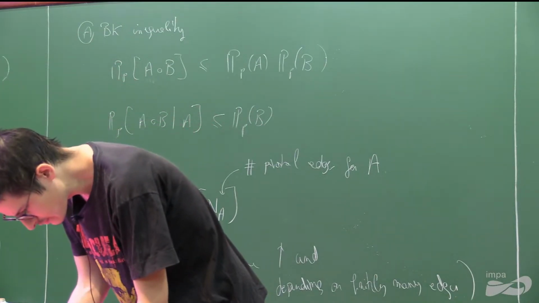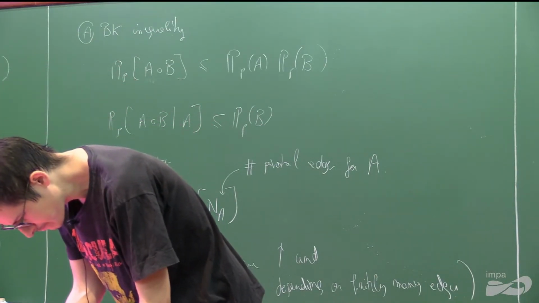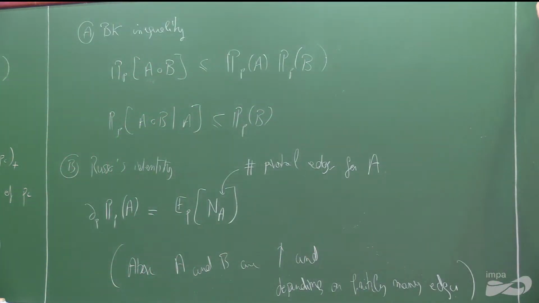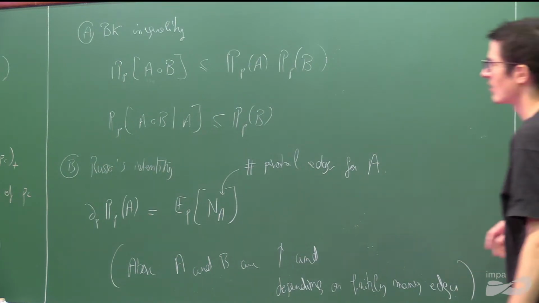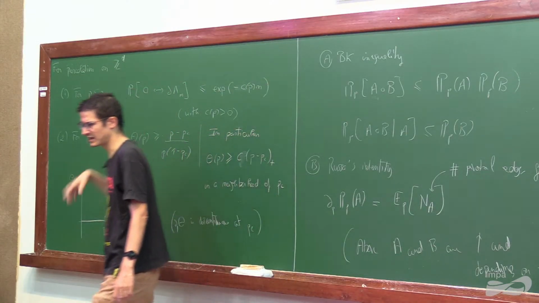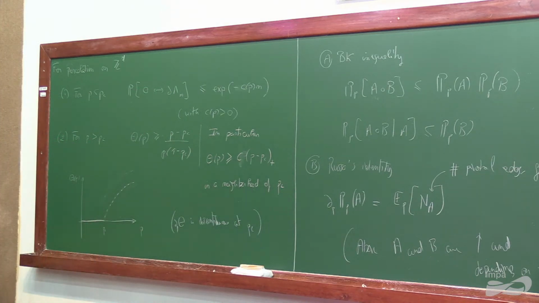So what's the main idea of the proof here? The idea is that the proofs of these two results are really coupled, because we are going to prove something like this, but for a value of p which is not p_c, but which is defined in another fashion.